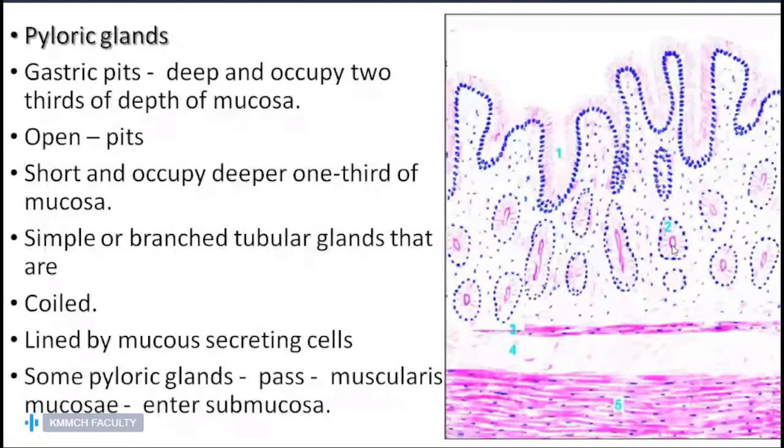Then you can see the muscularis mucosae is well developed. Here you can see the circular and longitudinal layers as we have described in the mucosa. Mostly the circular layer is prominent in the muscularis mucosae.